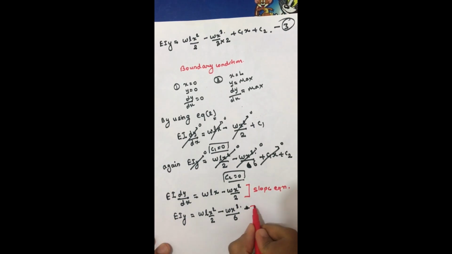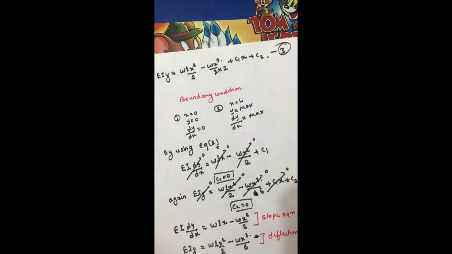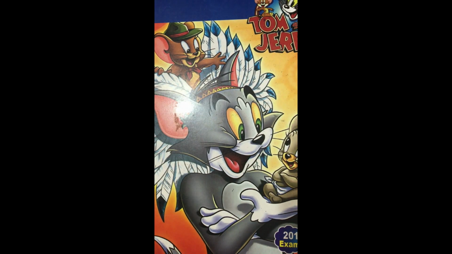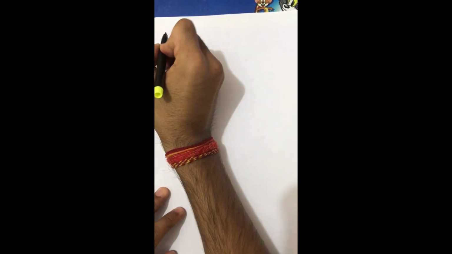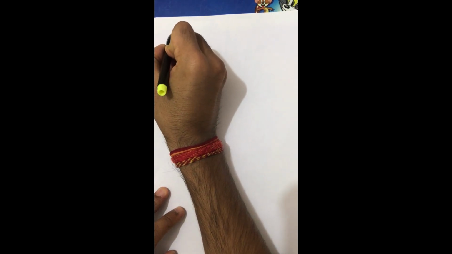This equation is known as the deflection equation. Now our aim is to find maximum deflection and maximum slope, right? So by using the slope equation we can get maximum slope, and by using the deflection equation we can get maximum deflection.